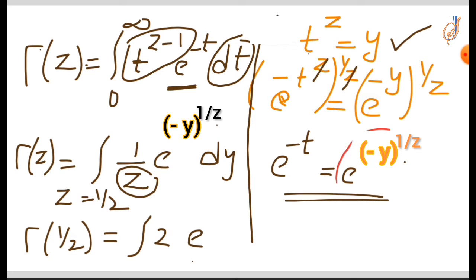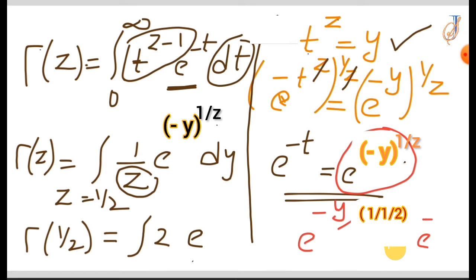We have e power minus y whole power 1 over z. So we are substituting z as 1 over 2. That means e power minus y whole power 1 over 1 over 2 is equal to e power minus y whole power 2. So instead of e power minus y whole power 1 over z, we can write it as e power minus y power 2.